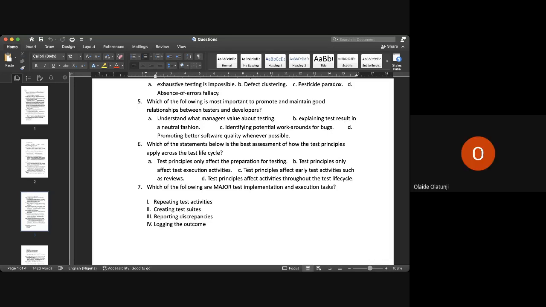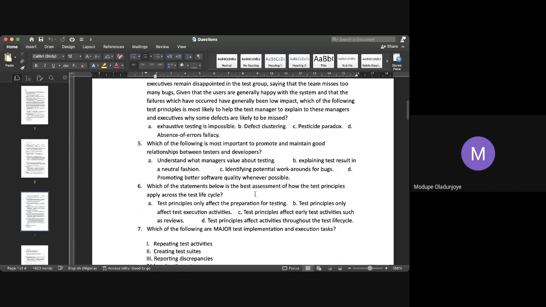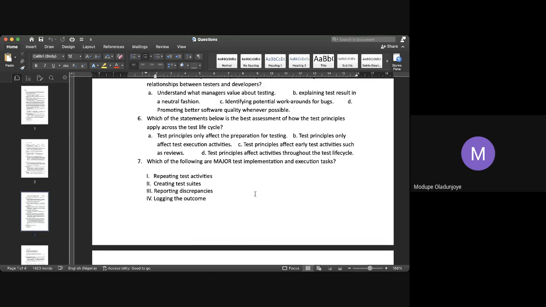Do you know what the test principles are? Test principles. Can I remember? I can't remember. Okay. Principles of testing. Is it exhaustive testing is impossible, pesticide paradox, defect clustering? Those are the principles of testing.